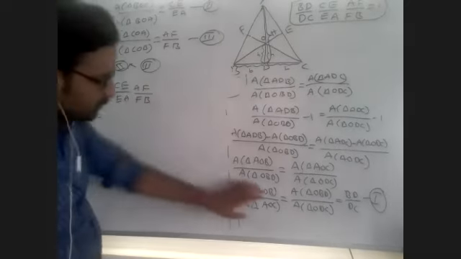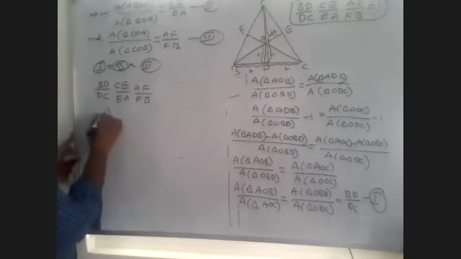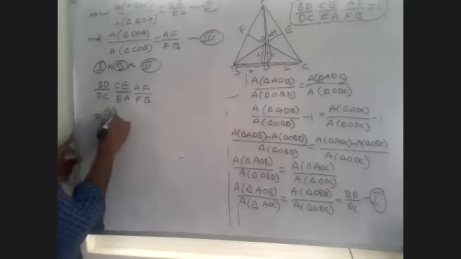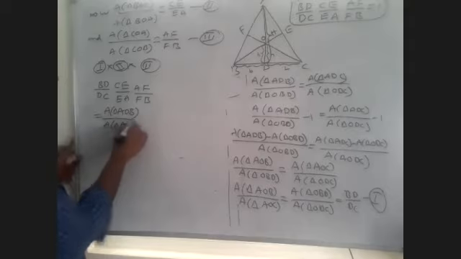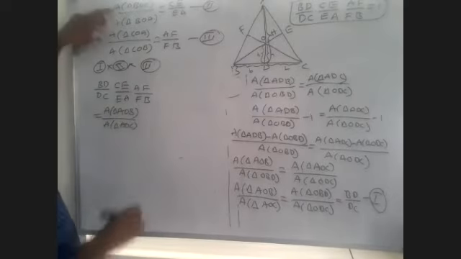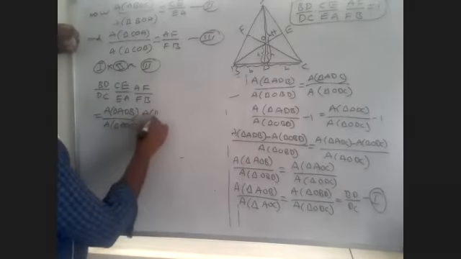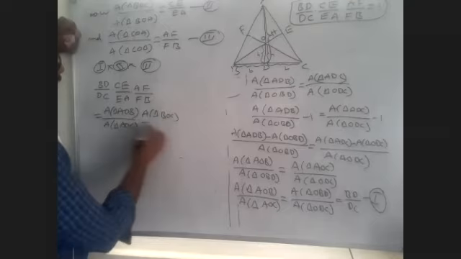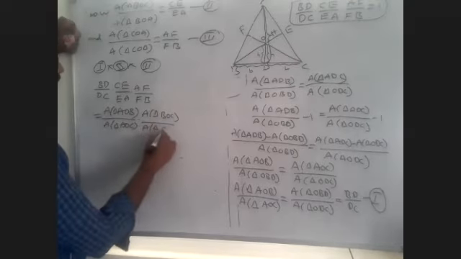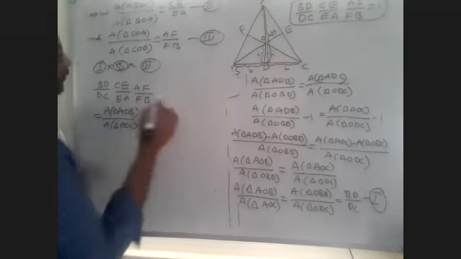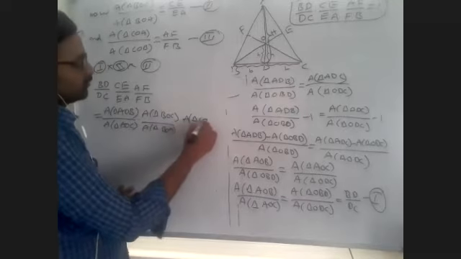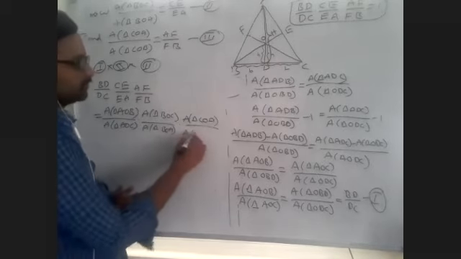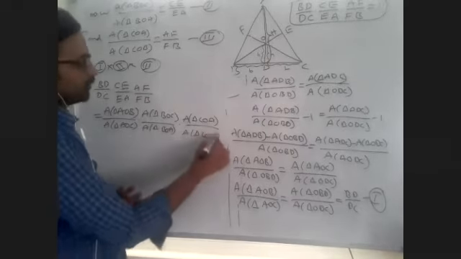Now the LHS I am writing: area of triangle AOB by area of triangle AOC into area of triangle BOC by area of triangle BOA into area of triangle COA by area of triangle COB.